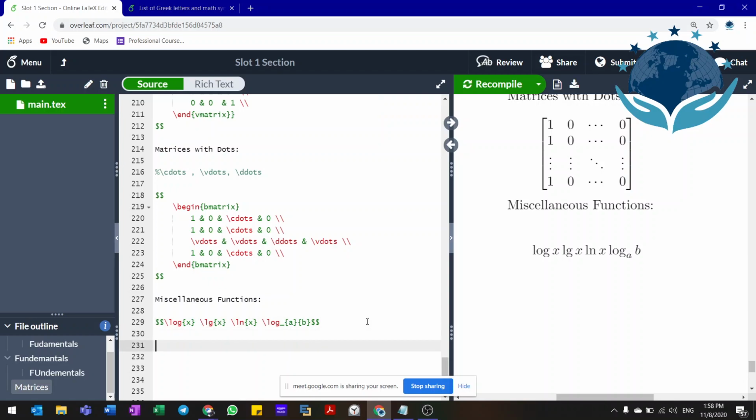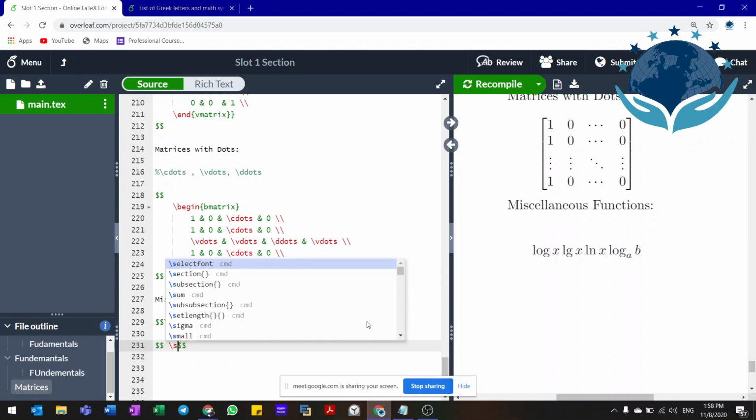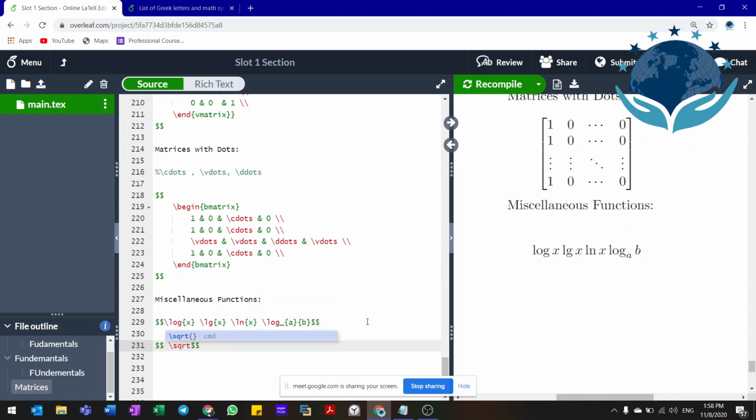Next we are going to talk about the square root or the nth root. Let's say square root of x square plus y square. For the square root, you can use the keyword slash sqrt. While typing itself, you will get the suggestion sqrt, square root of.